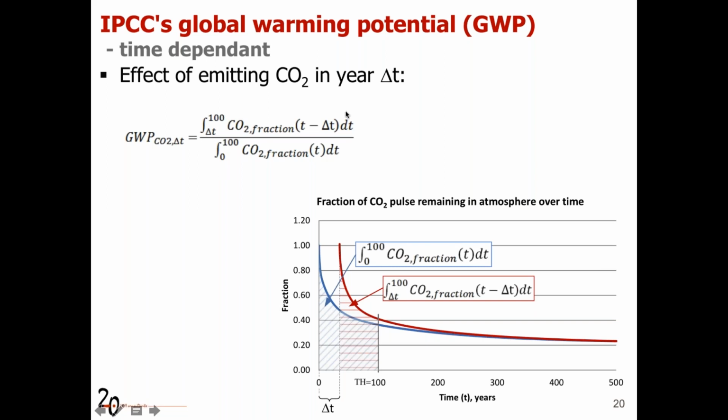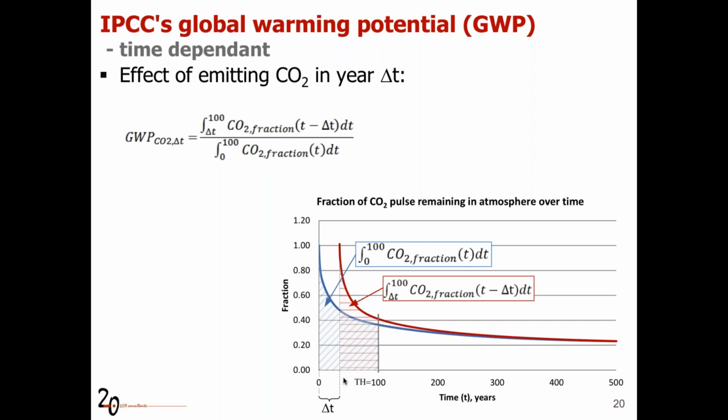And you may recall from your math class that an integral can be represented as the area below a chart, and that's what you see in the bottom. So you can divide these 2 areas by each other, and then you have the global warming potential from CO2 emitted after delta t years relative to CO2 emitted at year 0.